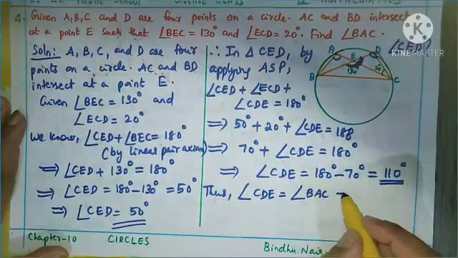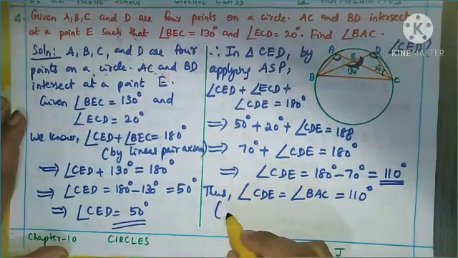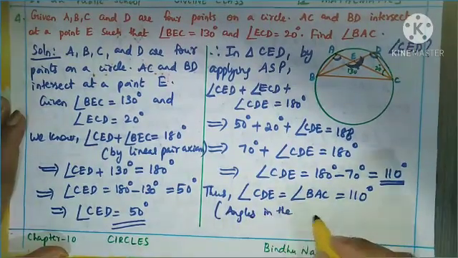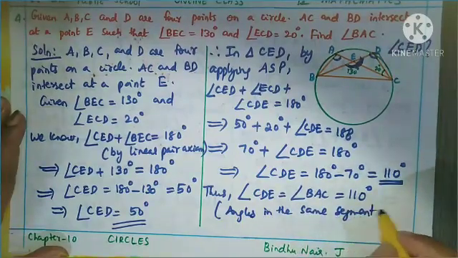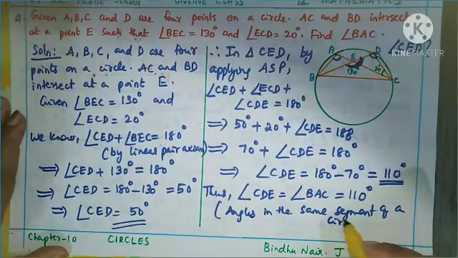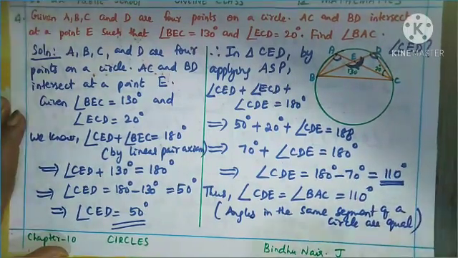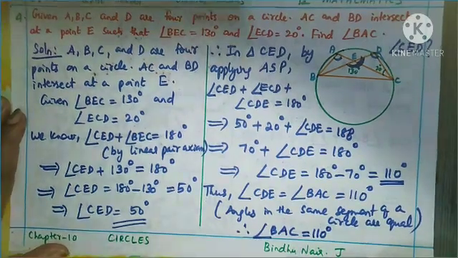BAC equals 110 degrees. Why? You should write the reason: angles in the same segment of a circle are equal. Understand? So therefore our required answer, angle BAC, is 110 degrees.